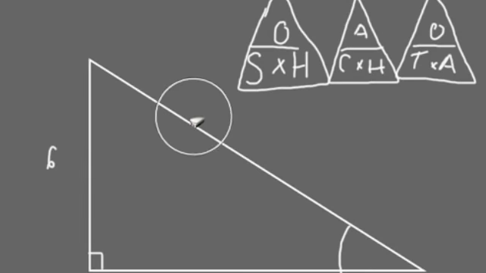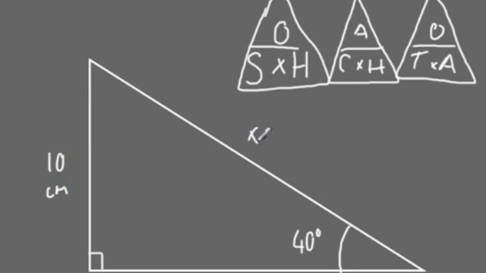So let's get rid of those. Say we're told that this angle right here is 40 degrees, and we're told that this one is 10 centimetres. If we want to find this one, we are looking for the hypotenuse, and we're given the opposite and the angle. Therefore, the hypotenuse is what we're trying to find. So we go to this one, opposite and hypotenuse, and the hypotenuse is the opposite over the sine of the angle.